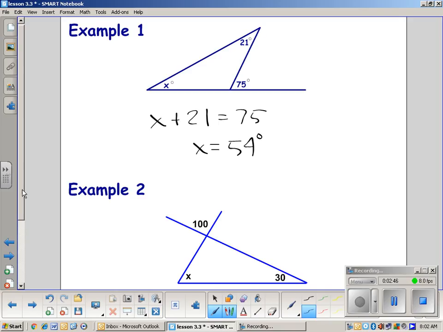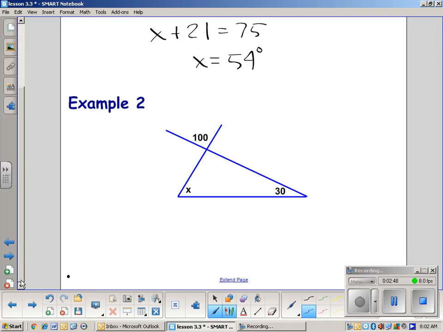Now, if we move down to the last one here, is 100 an exterior angle? Katie's saying no. Can anybody tell me why not? Because it's in the triangle thing. Okay. Remember the definition of an exterior angle? One of the sides has to be a side of the triangle, right? And the other side has to be an extension of a side.